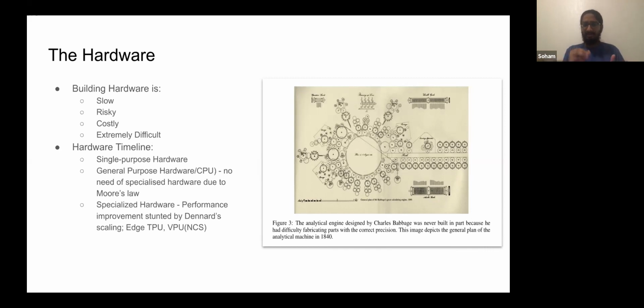All of these laws started collapsing, and performance improvements were not that good from the early 2000s, about 2010 and so on. And it was at that point that people started building more specialized hardware, because it started becoming more risky to build general purpose hardware, since you wouldn't know if the performance would actually improve or not, right? And so people started focusing on more specialized hardware, like for instance edge TPUs and VPUs, like the neural compute stick.